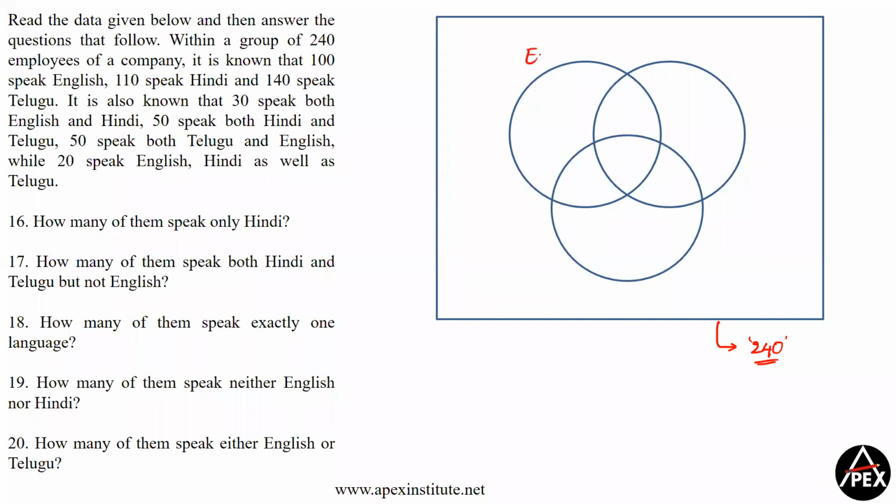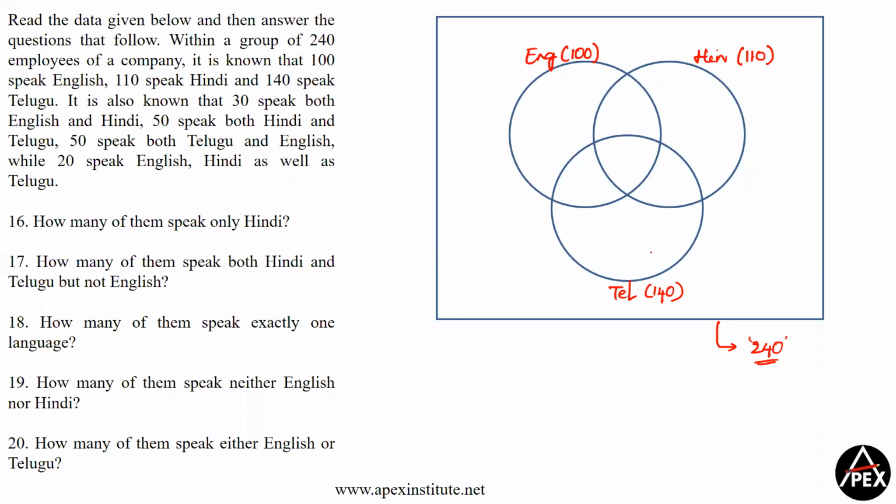Let me consider this to be English, this to be Hindi, and this to be Telugu. So we have a total of 100 employees speaking English, then 110 speaking Hindi, and 140 speaking Telugu. Now it is known that 30 speak both English and Hindi, 50 speak both Hindi and Telugu, 50 speak both Telugu and English, and 20 speak English, Hindi as well as Telugu.